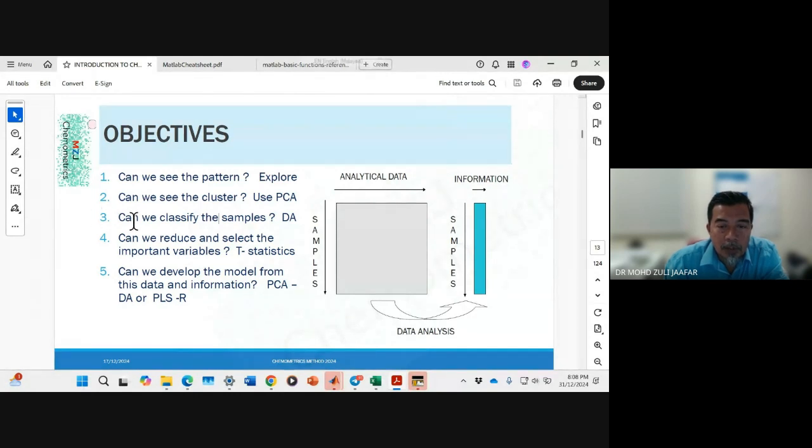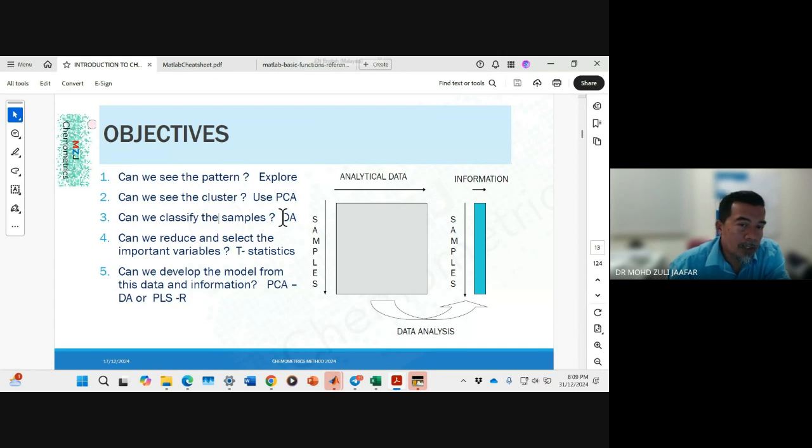So number three, if you already know you have two classes of data, maybe a sample of cancer patients and a sample of normal patients. So you have samples of urine, or maybe a sample of raw material, which is grade A, grade B, grade C. You already know. So can we classify the sample by using chemometric methods?